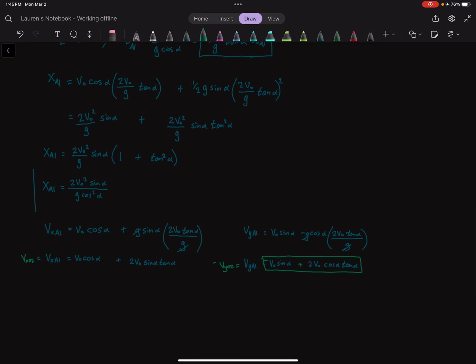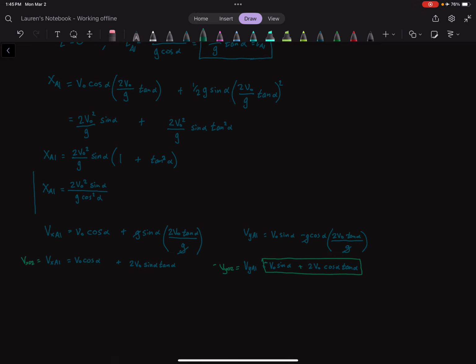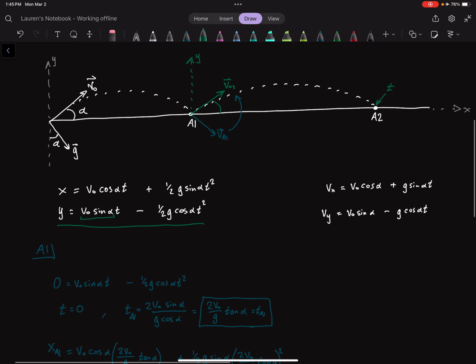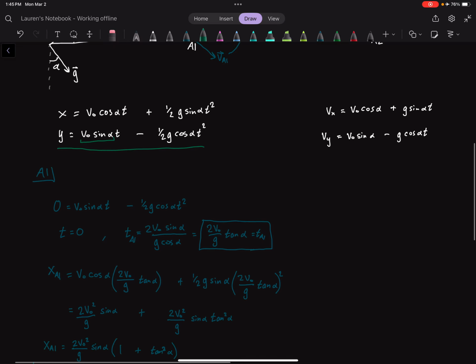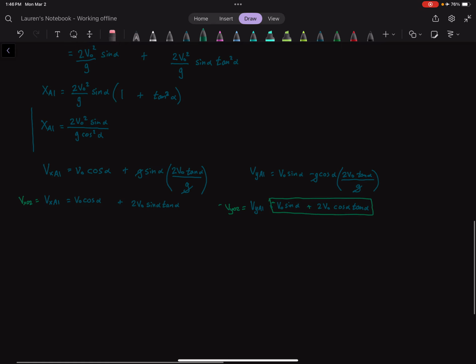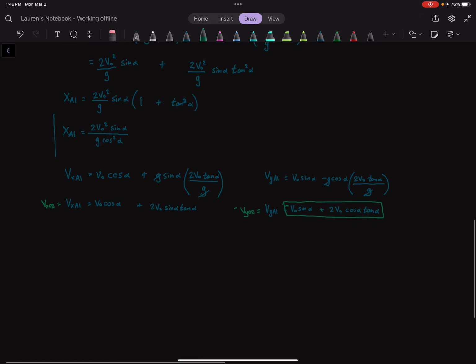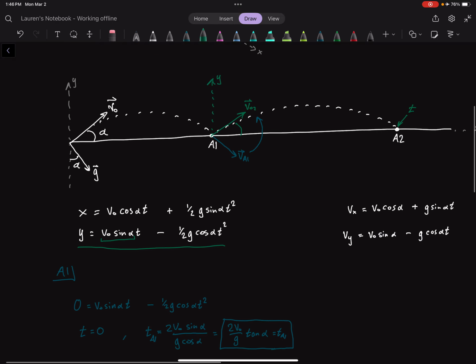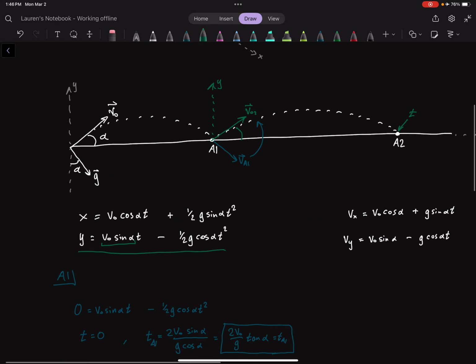So we can plug all that in and then just tack on a t, right? And that gets us what we want, okay? So what we were doing over here. The y position is 0 when it impacts at A1, which is the same point as for the initial for this new problem, right? So let's see, what are we doing?